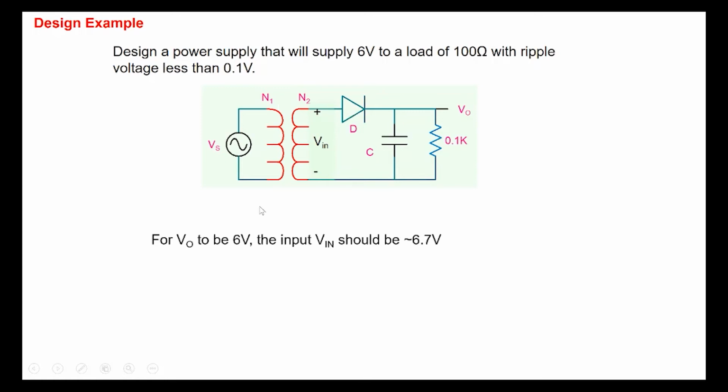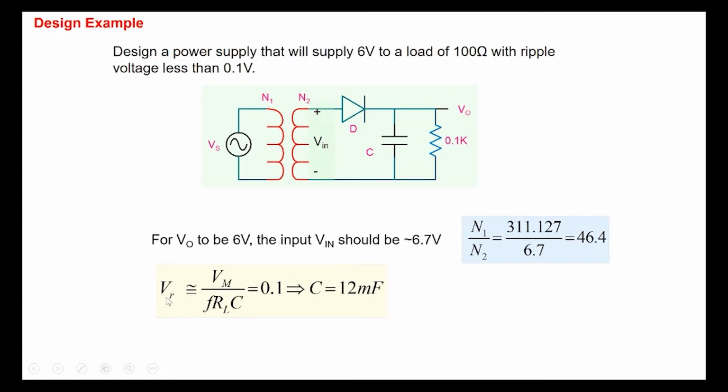So let's do that. For V0 to be 6 volt, the input should be roughly 6.7, and Vs is 311.127, so we need a turns ratio of 46.4. So we need to choose a transformer appropriately based on this number.